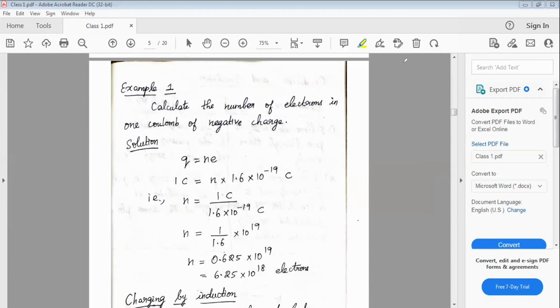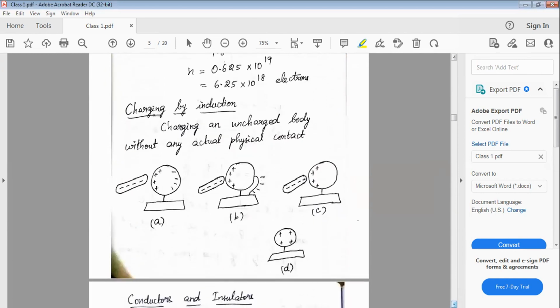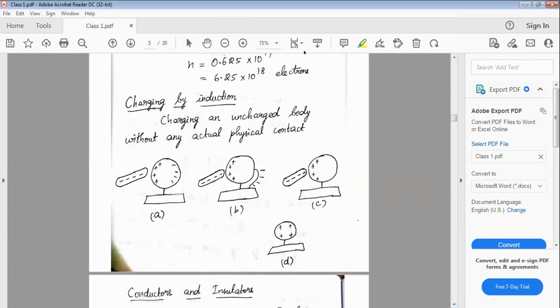Then we are going to discuss charging by induction. A little while ago, I discussed charging a body through the process of rubbing. Initially, when the electric charge concept was discovered, they found that they could charge a body by rubbing.